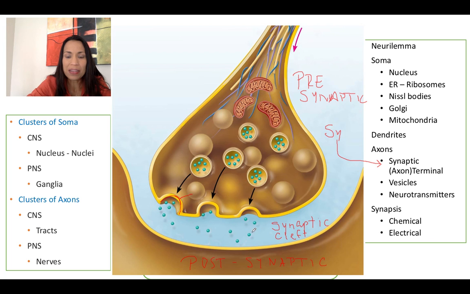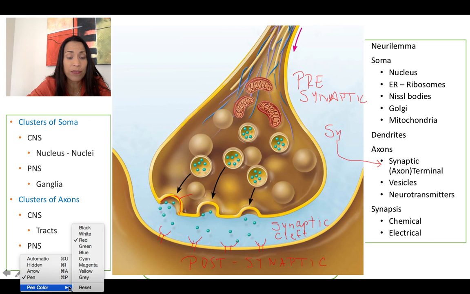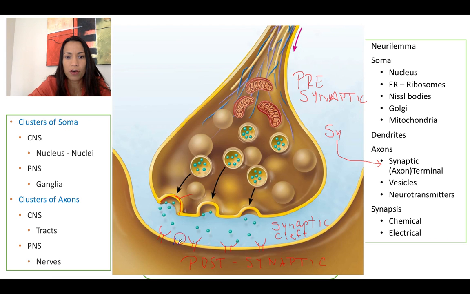Now, these neurotransmitters are going to interact with specific receptors that are located on the postsynaptic membrane. Now, every cell can have several types of receptors.